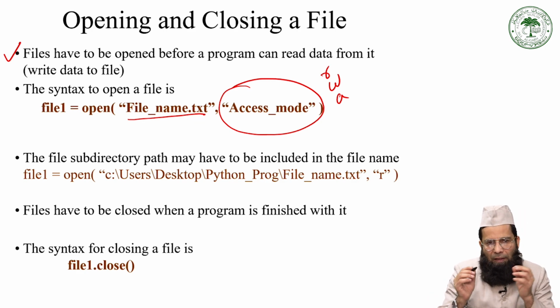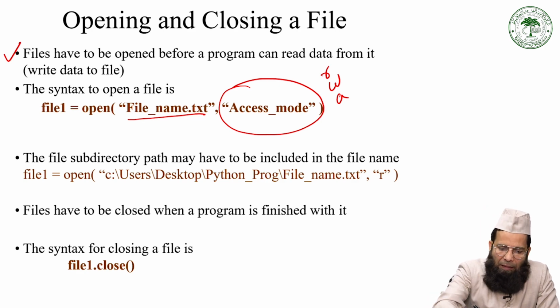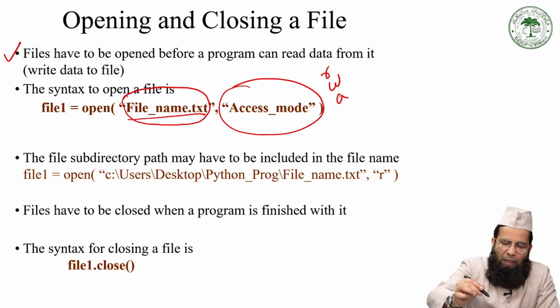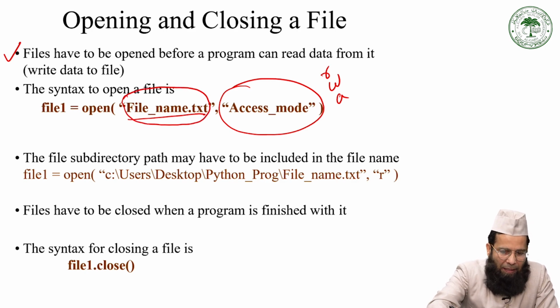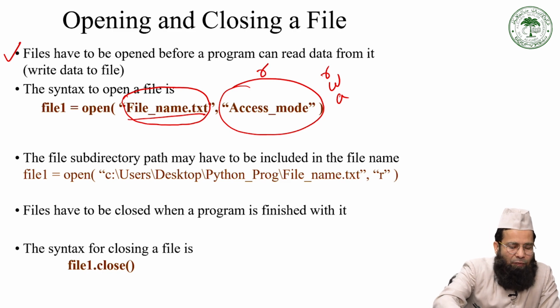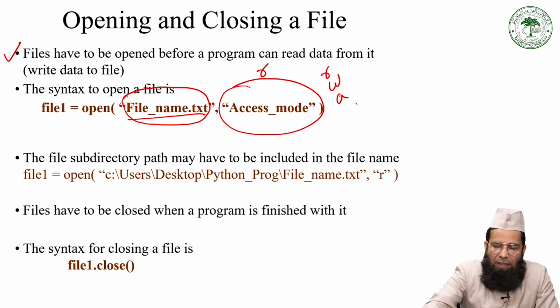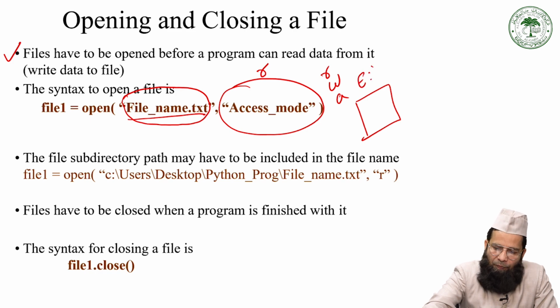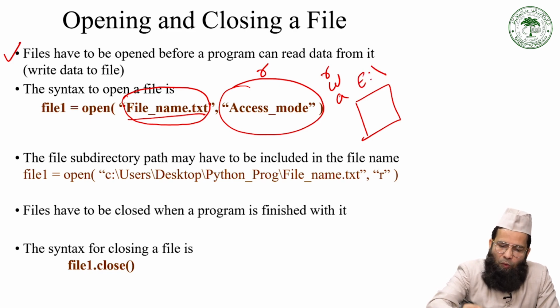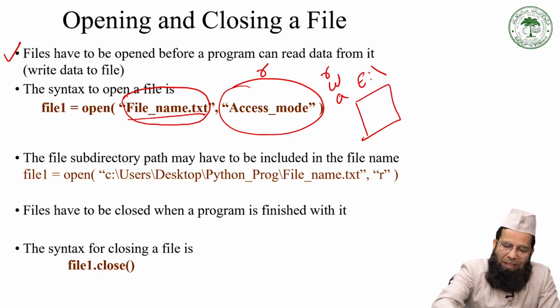So if you are opening this file in read mode and this file is not there in the directory in which you have written that program. Suppose you have written this Python program in directory, let's say E. Your program would look for this file in this directory only.